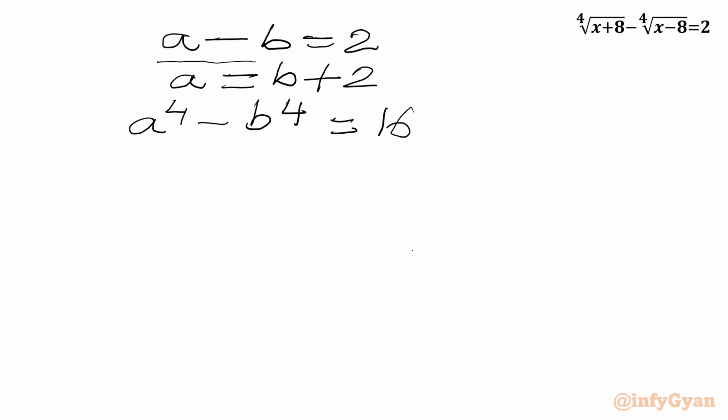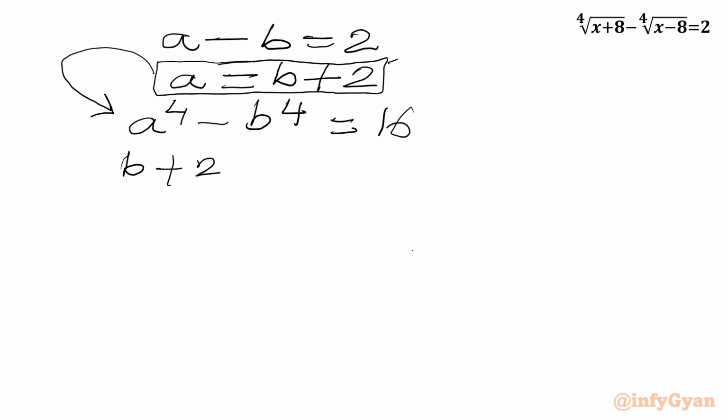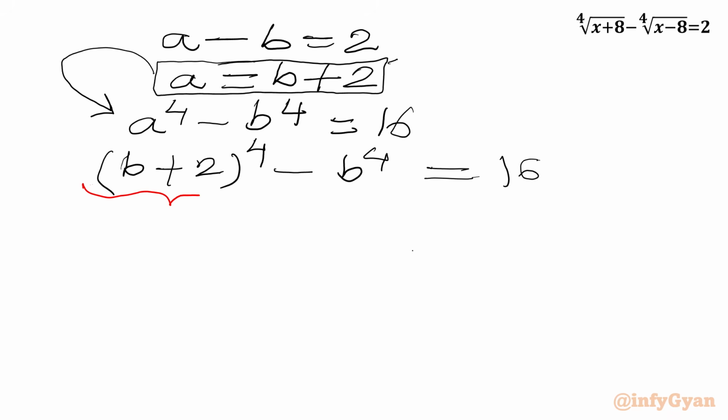We have a equal to b plus 2, which we are going to plug in over here. We will get b plus 2 whole power 4 minus b power 4 equal to 16. Now we have to expand b plus 2 whole power 4. So we should know the expansion coefficients. I will use Pascal's triangle over here.